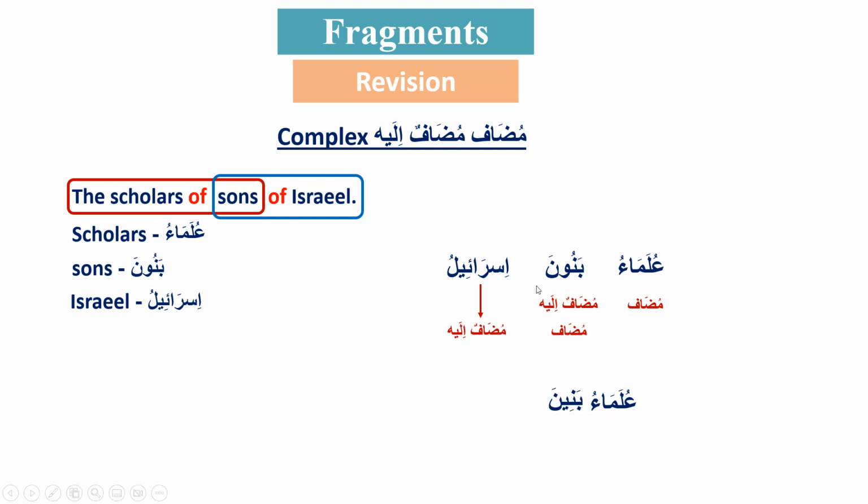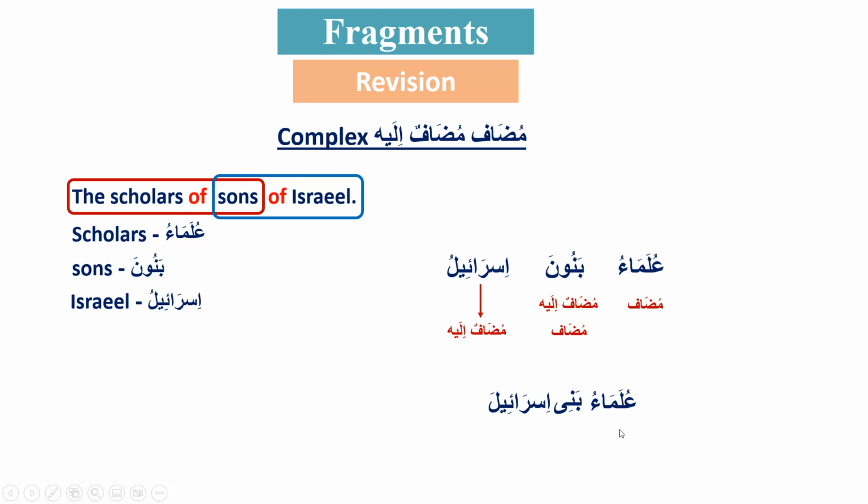It has to be mudaf ilayh, in jar status. But it is also a mudaf, so it has to be light. How do you make banoon light? Remove the noon sound at the end. Bani. And what did you do to Israelu? Israel is partially flexible. So Israelu, Israela. So it will now be in jar status.